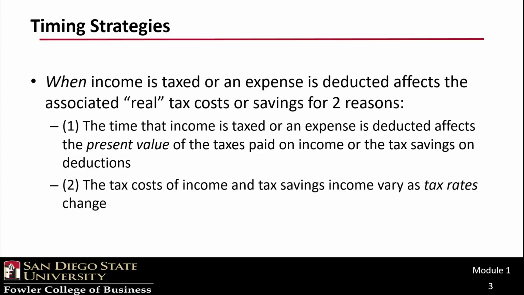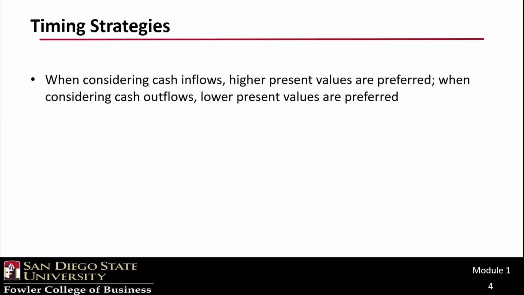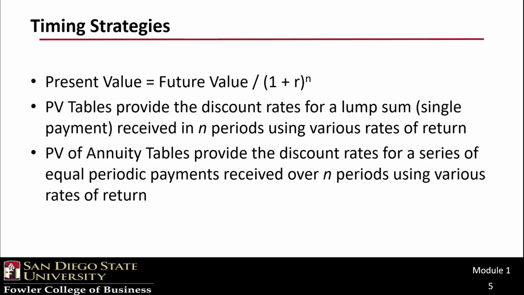In the previous video, we learned that the time value of money affects the after-tax value of our cash flows. And we also learned that rate can affect the after-tax outcomes as well. And just to reiterate, we generally prefer higher inflows and lower outflows. We reviewed the present value formula, but a better solution is the present value tables, and these are widely available on the internet.